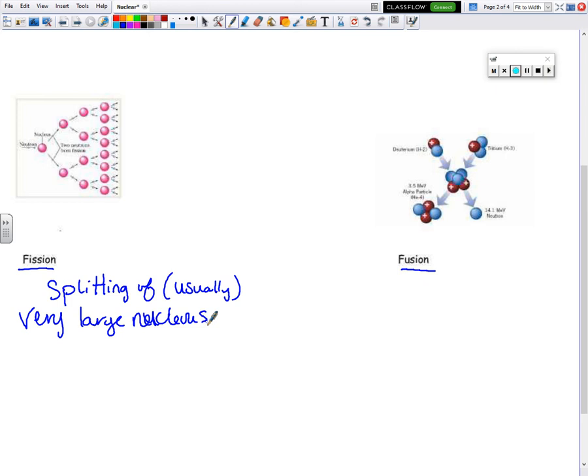That is what is occurring in our nuclear reactors. The nuclear energy that we get from Duke Power is from a fission reaction occurring in our nuclear reactors. Typically we bombard an unstable nucleus with a neutron, and that causes it to start breaking apart. Fusion is where smaller nuclides come together to make a larger one.